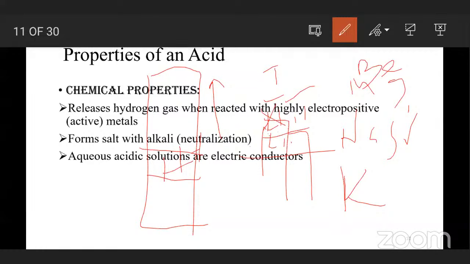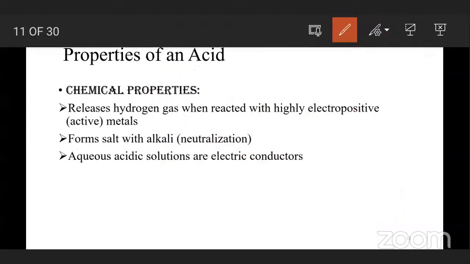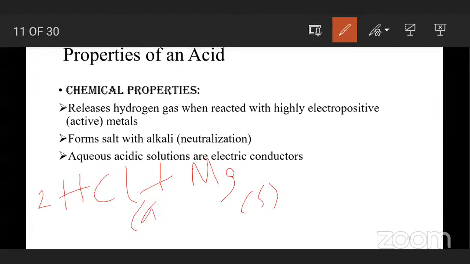So these metals can liberate, they can displace hydrogen gas out of a solution when they interact with an acid. For example, if you have HCl, hydrochloric acid, an aqueous solution, possibly reacting with magnesium ribbon, you may be able to observe the evolution of hydrogen gas.